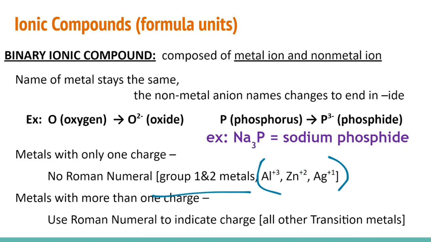If there are any other transition metals in your ionic compound, though, because they can have multiple charges, we need to figure out what charge they have in our specific formula and put that number, whatever their charge is, in parentheses in the middle of the name using a Roman numeral to indicate that charge. So you'll see that first in these examples.